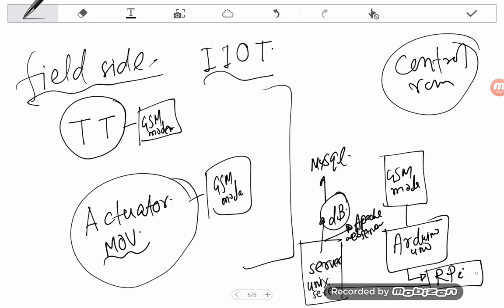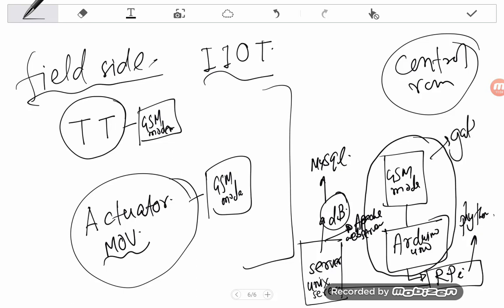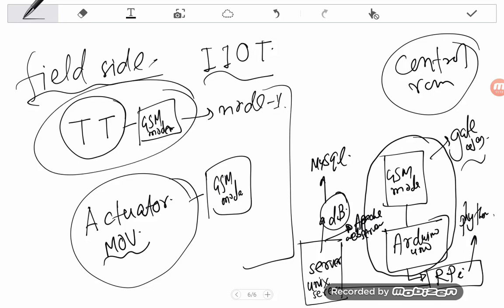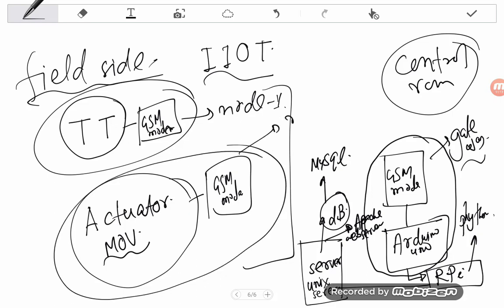And inside the Raspberry Pi, we have installed Python. So we'll consider this Arduino Uno along with this modem as the gateway module, and this temperature transmitter is a node. I can tell this as node 1, and this actuator along with this GSM modem is node 2.